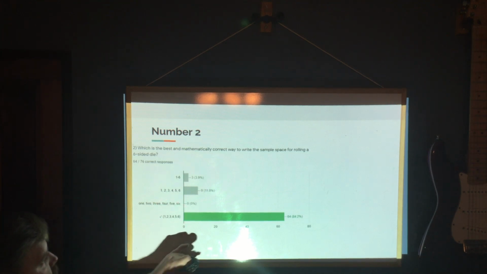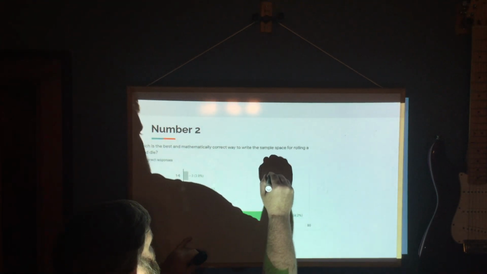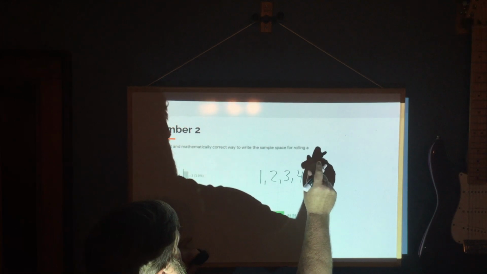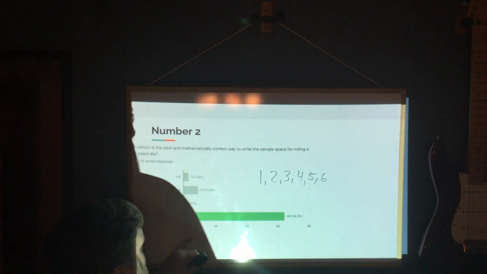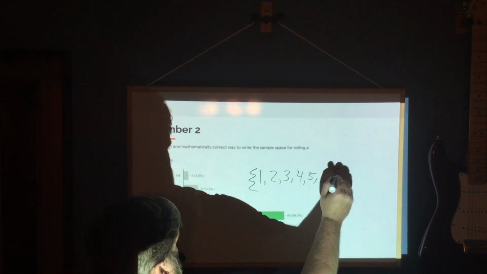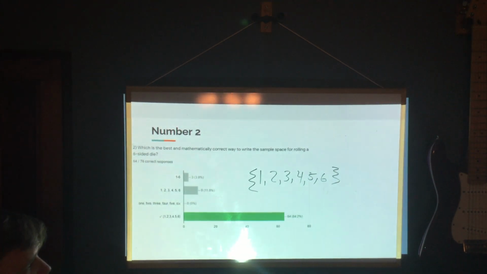And if that's too small to see, it's 1, 2, 3, 4, 5, 6. That's what most people who missed this put, but it's not mathematically correct, because in order to show that it's a set, you have to put those brackets.